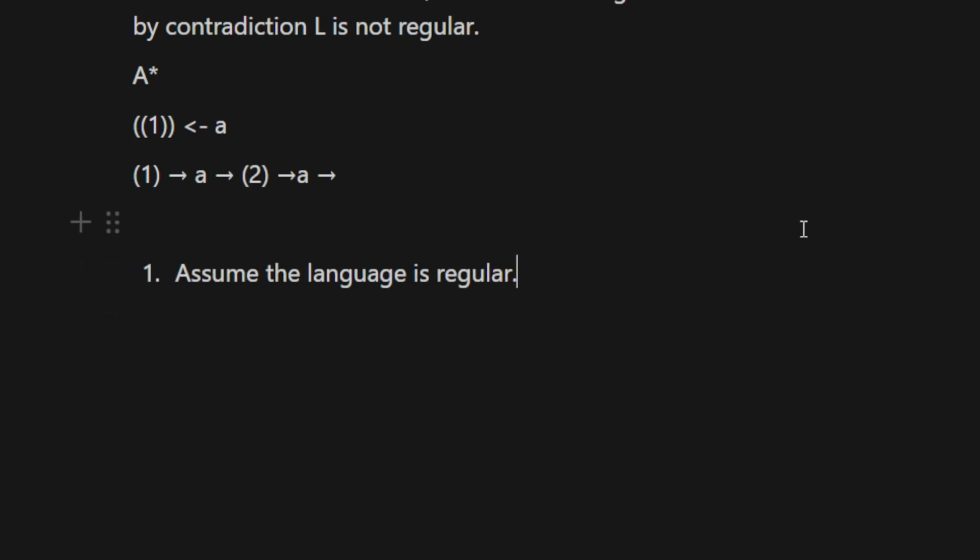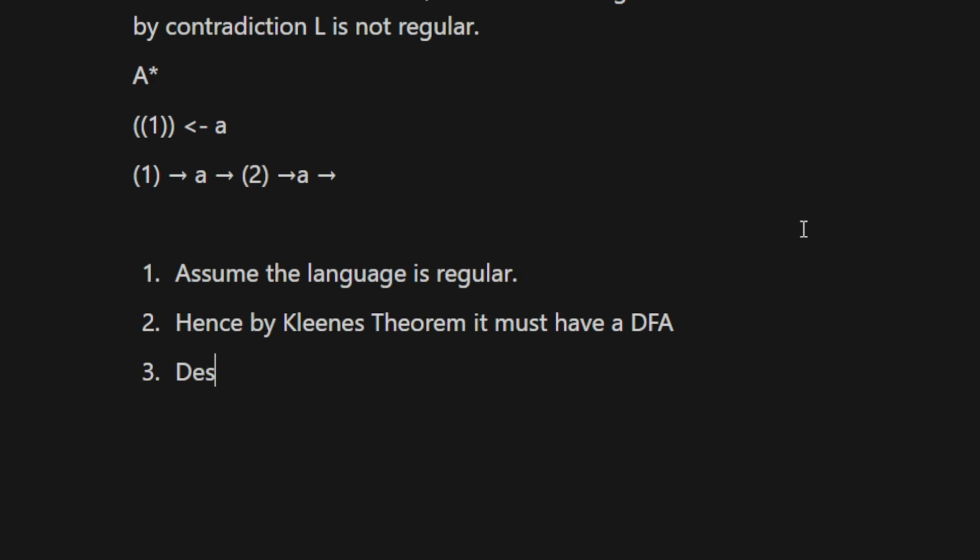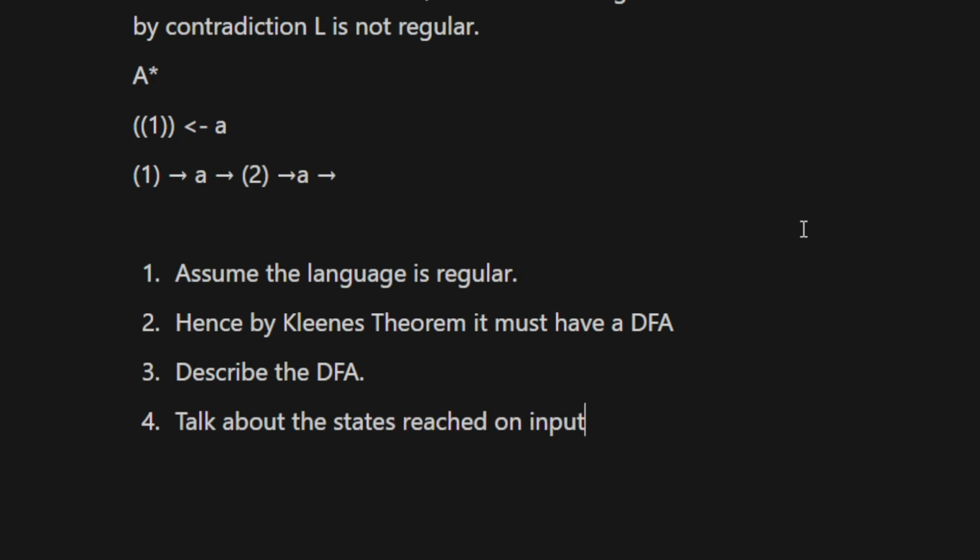So we assume that the language is regular, first of all. Hence, by Kleene's theorem, it must have a DFA. And then we start to describe the DFA. And we need to show that this DFA cannot exist or can exist. So when we describe this DFA, we can talk about the states reached on input.